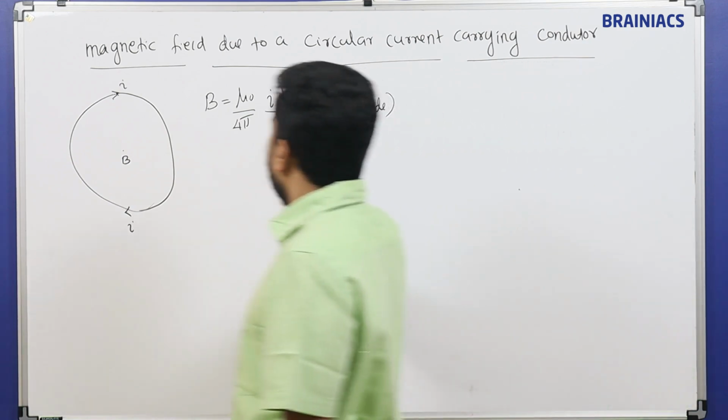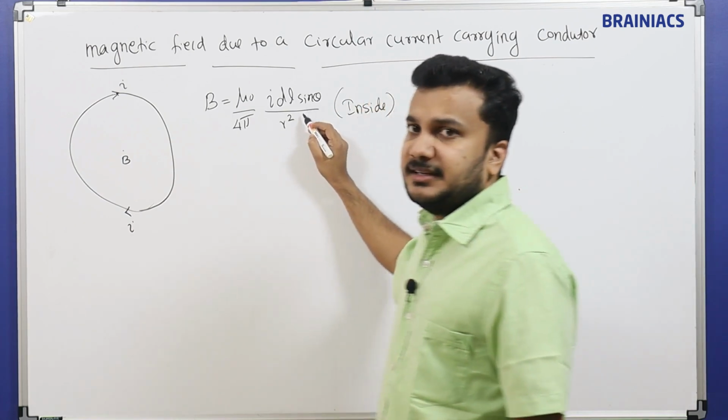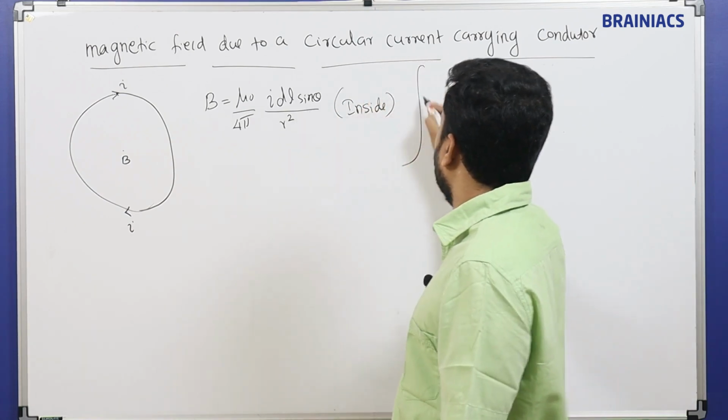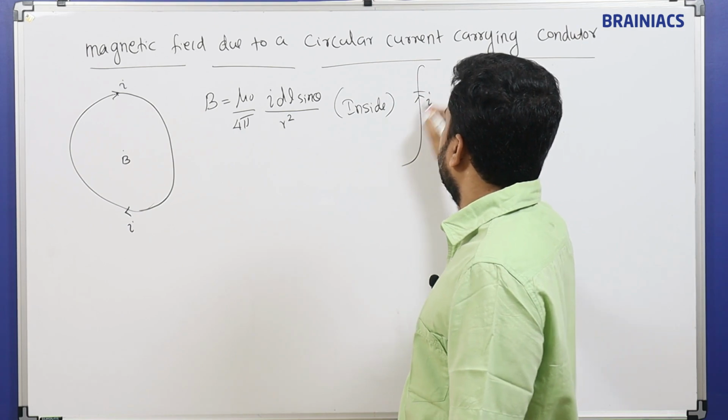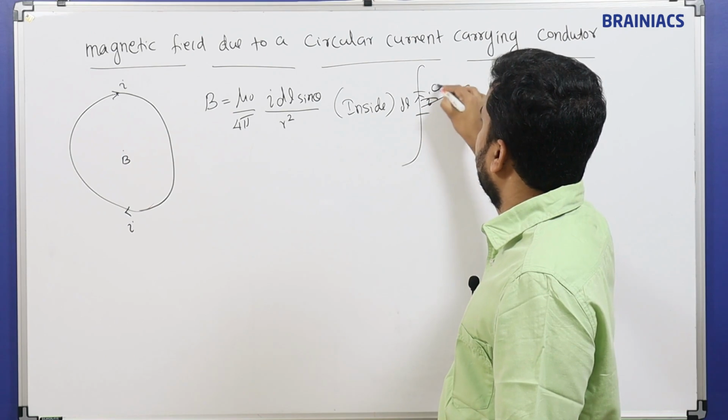Now, I dl sine theta divided by r square. What is theta? Theta is the angle between dl and r. While discussing current carrying conductors, we said this element is called dl, this is called r, and this is called theta.